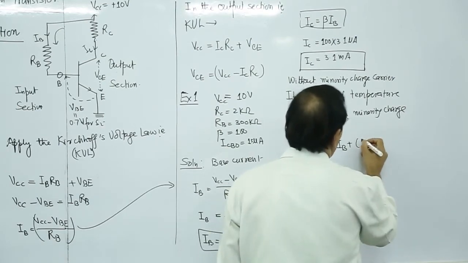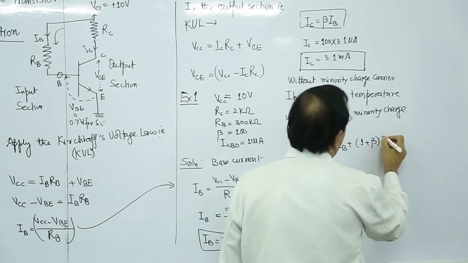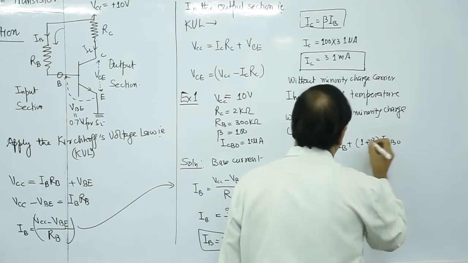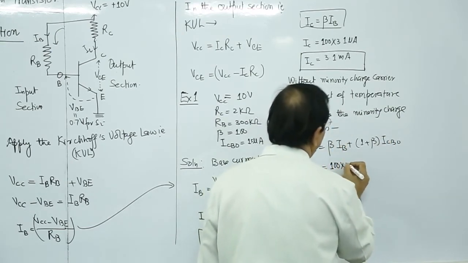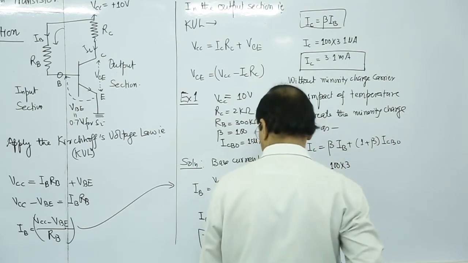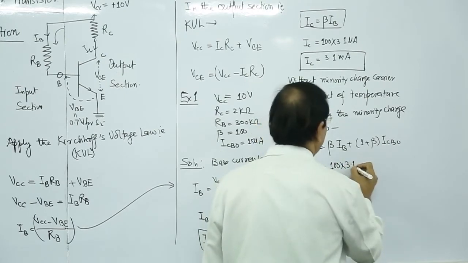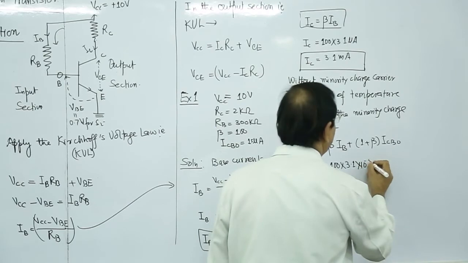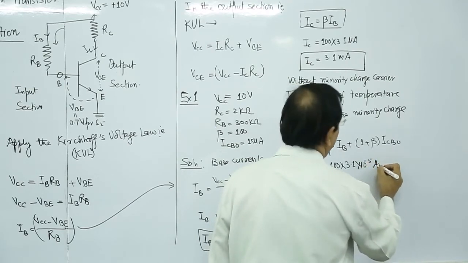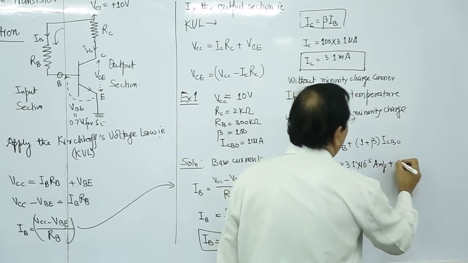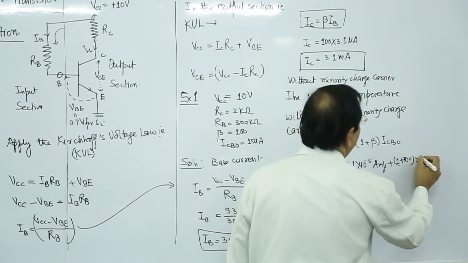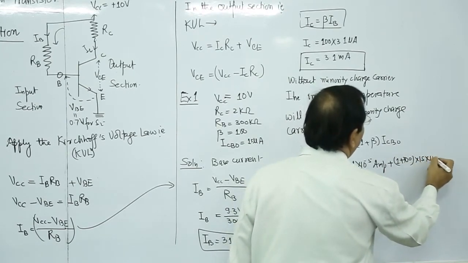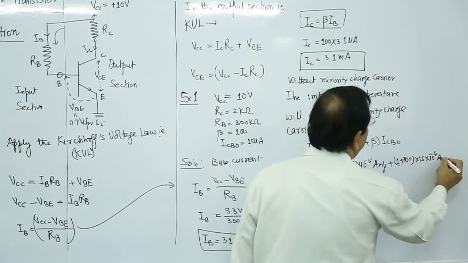This is 1 plus beta ICBO. So beta is 100, multiply this one, 3.1 into 10 to the power minus 5 ampere plus 1 plus 100 into 15 into 10 to the power minus 6 ampere.